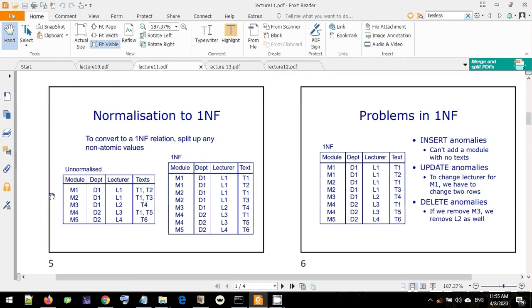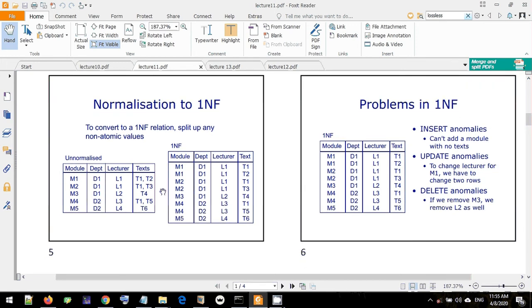So we'll maintain the tuple m1 d1 l1. We take the very first value t1, and we maintain the same entries for the first three attributes m1 d1 l1. I'll take the next composite value, which is t2. The same principle follows for the rest, and we'll obtain this table. So we see this table has been normalized to the first form.